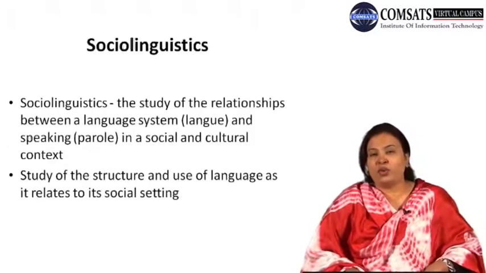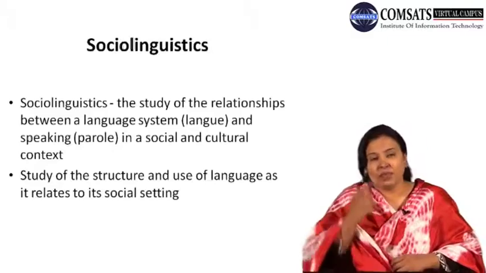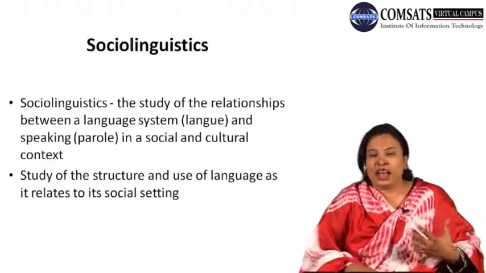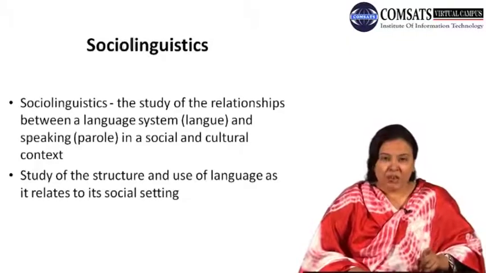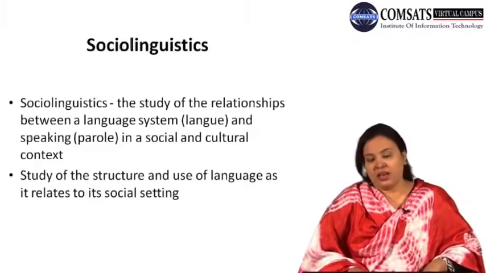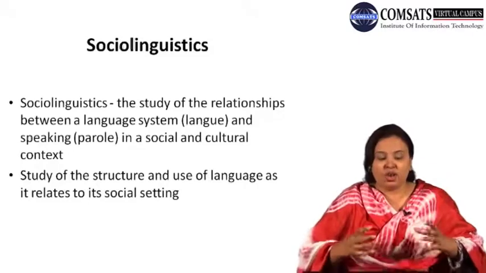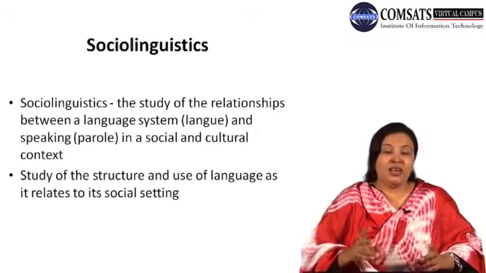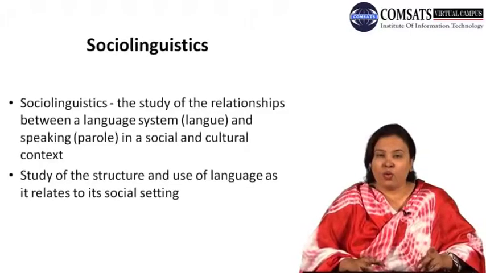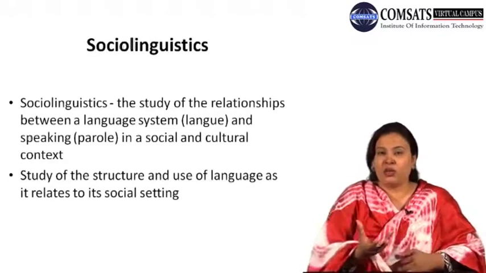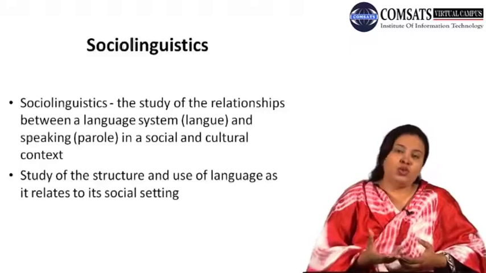So let's start with what sociolinguistics is. Sociolinguistics, as it is defined, is the study of relationships between a language system and speaking in a social and cultural context. This idea was actually introduced by Ferdinand de Saussure as langue and parole. Langue is actually the language, and the parole is the way we use that language.